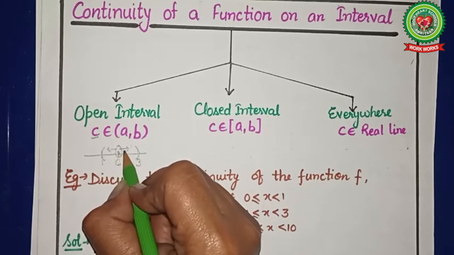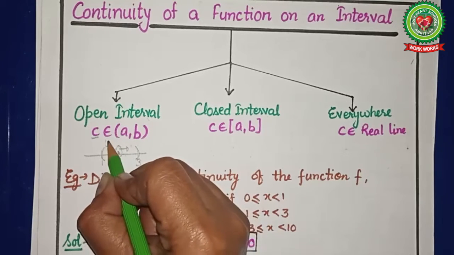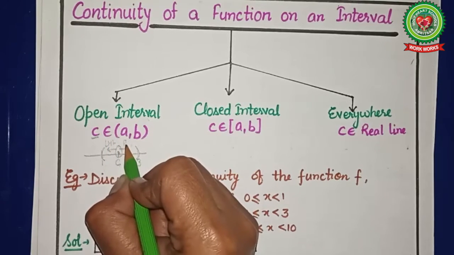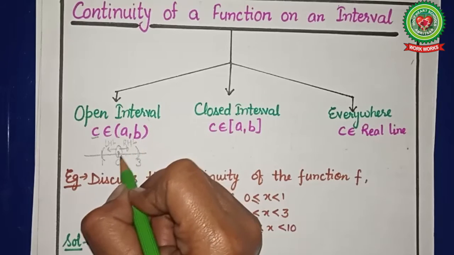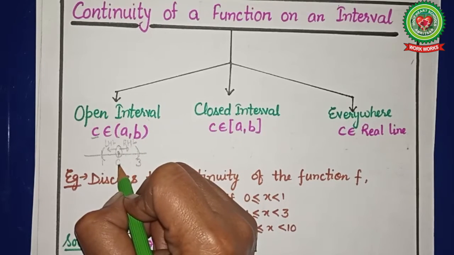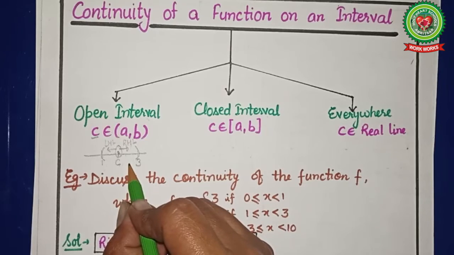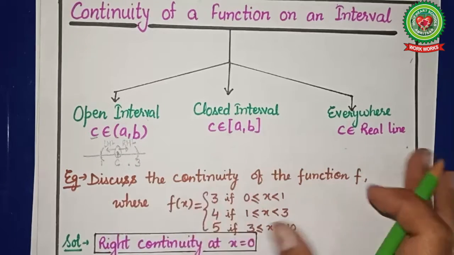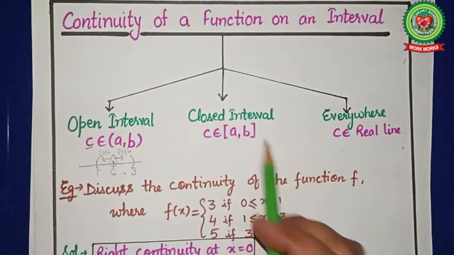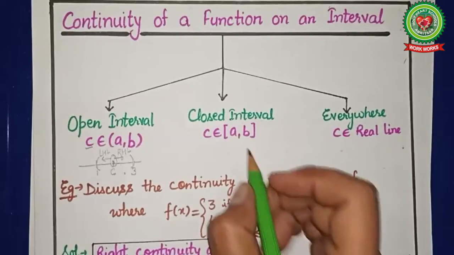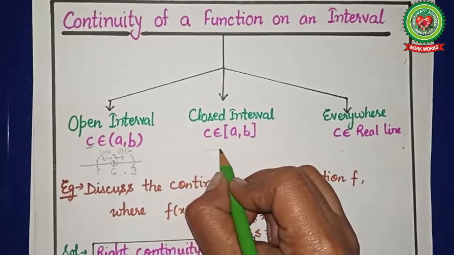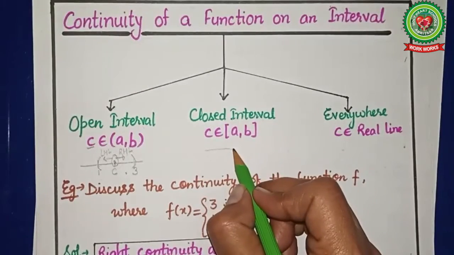If all these values are equal, that is left hand limit, right hand limit and the value of the function at point c, then it is called continuous in the open interval. Now the second case is when it is a closed interval. In a closed interval, endpoints are included.